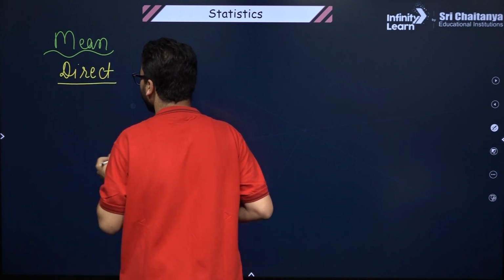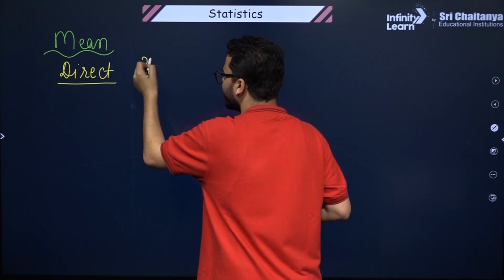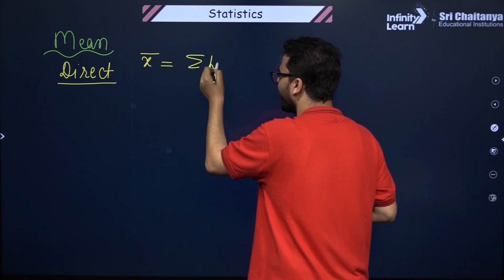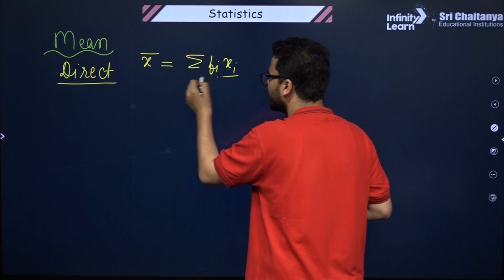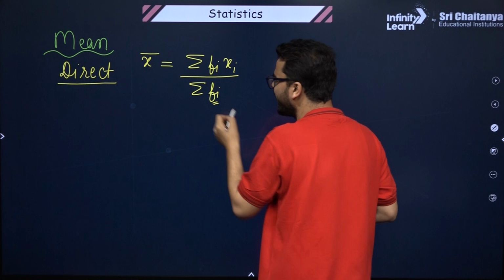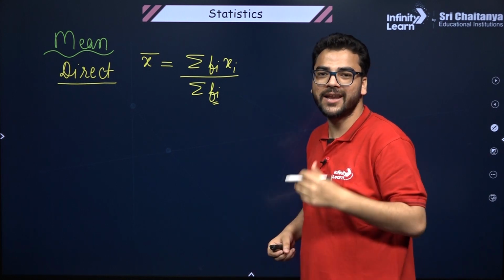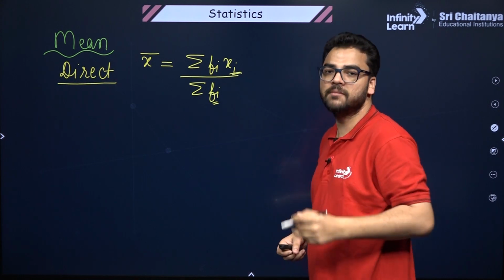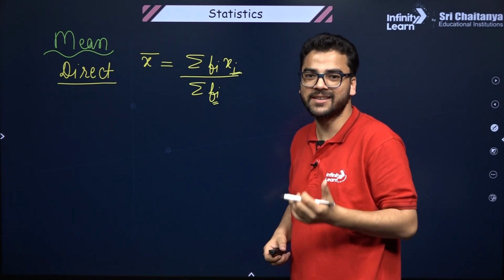So the direct method to find the mean, you represent by x bar, that is equal to sigma fi xi upon sigma fi, right? Where fi are the frequencies of the corresponding class intervals and xi's are the class marks of the corresponding class intervals.